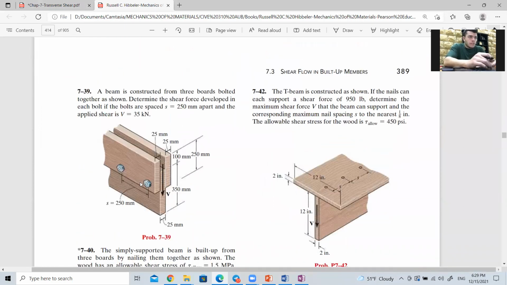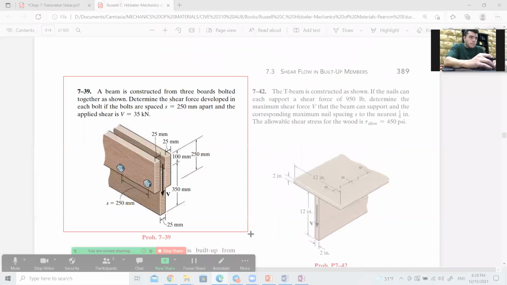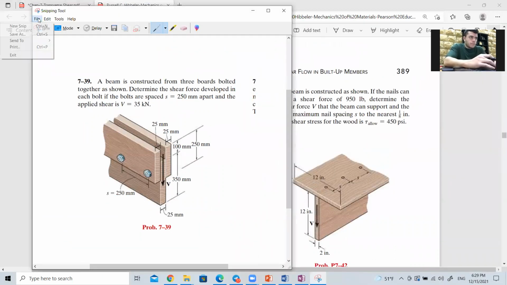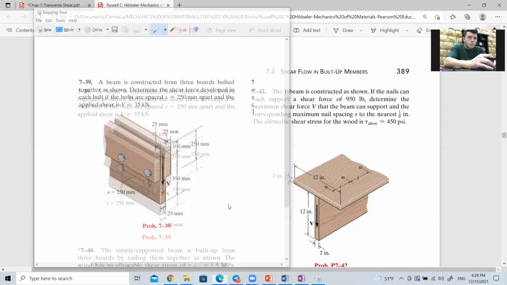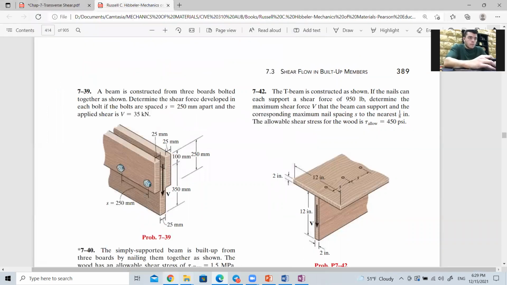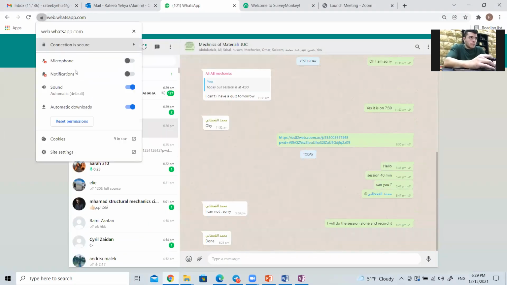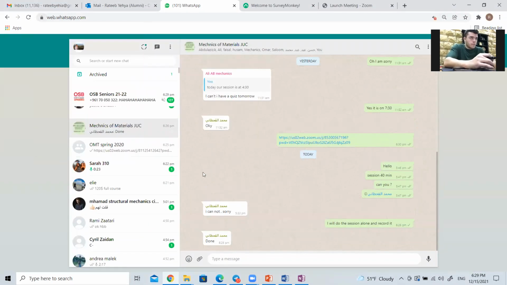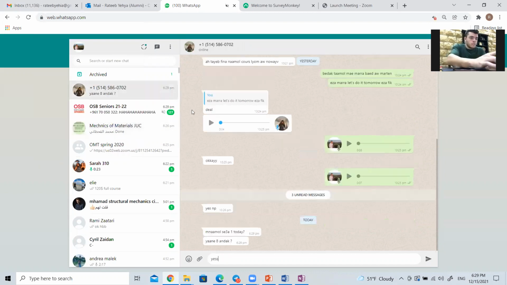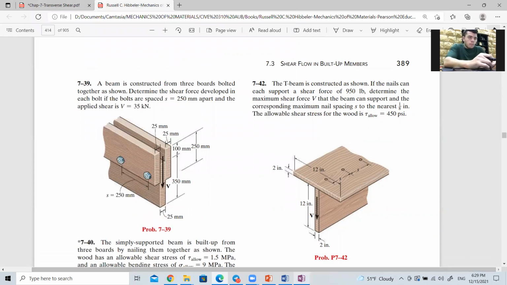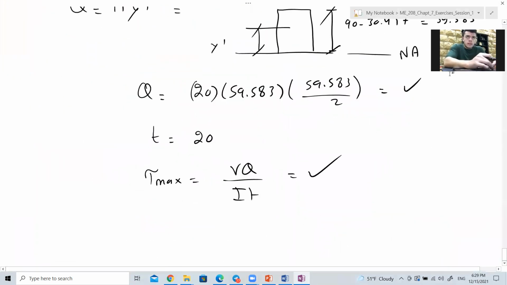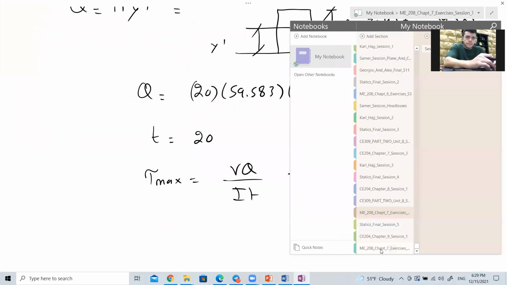Okay, so let's do 739 before we do 735. I will copy paste this in our new exercises.